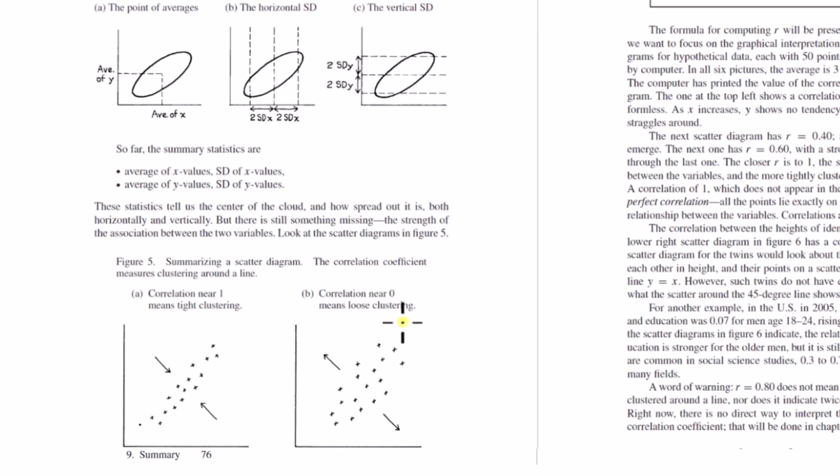So why is the correlation coefficient just based on a line?